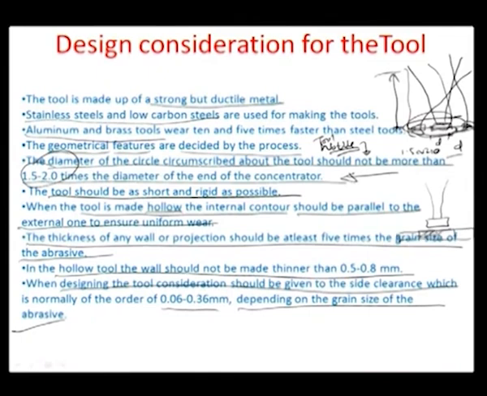This is the hole size. There should be some clearance given for the wobbling of the tool, of the order of about 60 microns to 360 microns, and it is highly dependent on the grain size of the abrasive you are using. So these are some of the design considerations for the USM tool, which are important.